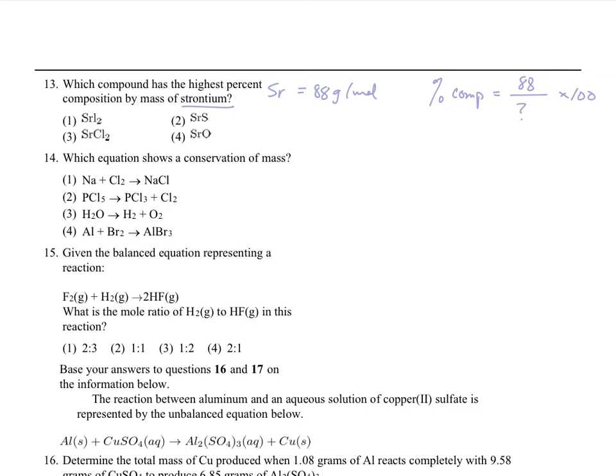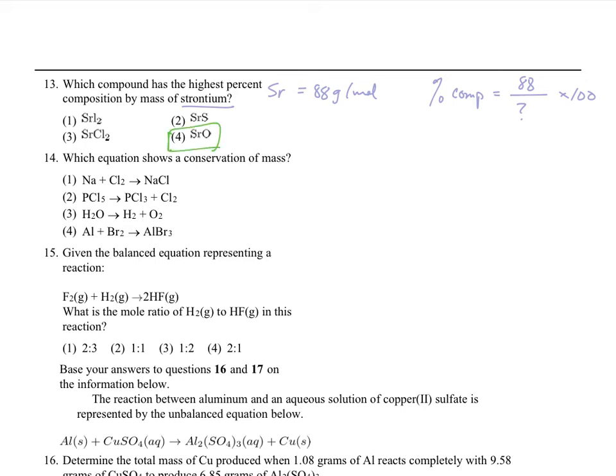Now look here, we're dividing by the molar mass, the total. So if we want the highest percent composition, we need a molar mass that's as close to 88 as possible. And so we need something that adds very little to the overall composition. And looking at each of these elements here, oxygen looks to be the one that adds the least.